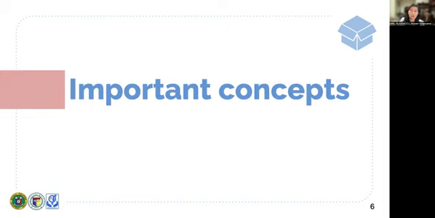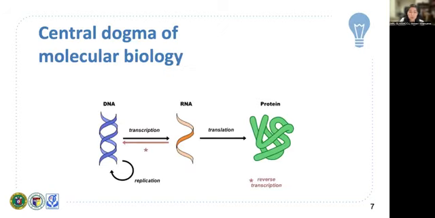Before we go any further, I would first like to present to you some important concepts in molecular biology that are relevant to PCR. So first is the central dogma of molecular biology. Essentially, the central dogma just states that all of us living organisms possess a sort of genetic blueprint in the form of DNA.